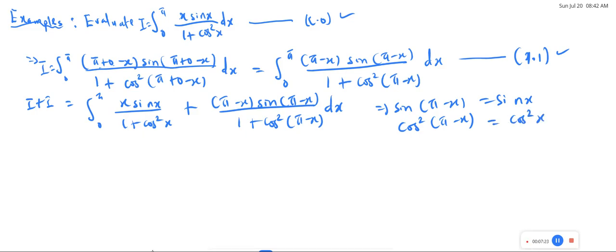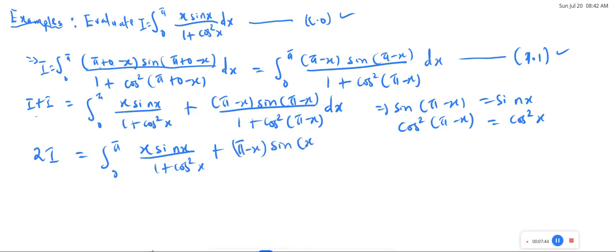Take note of that. Then we are going to have 2I, because I plus I gives us 2I. So we have 2I equals the integral from 0 to pi of x sine x over 1 plus cos squared x, plus pi minus x multiplied by sine x over 1 plus cos squared x dx.